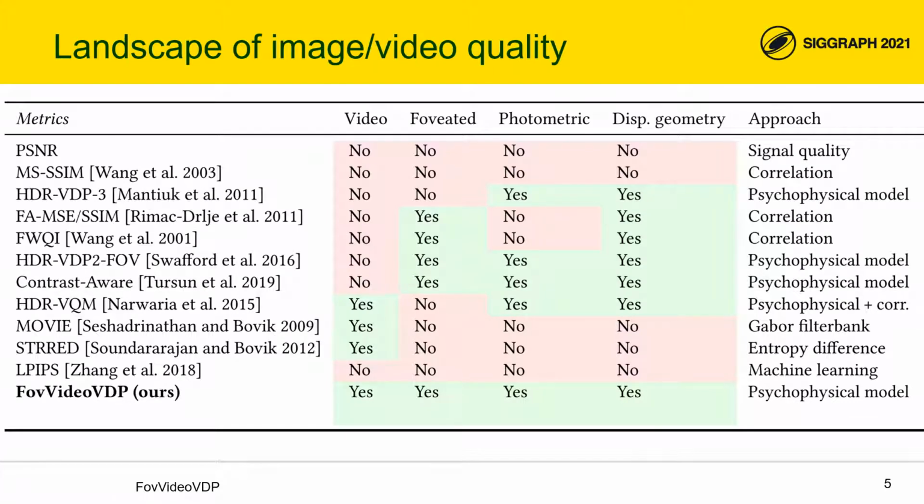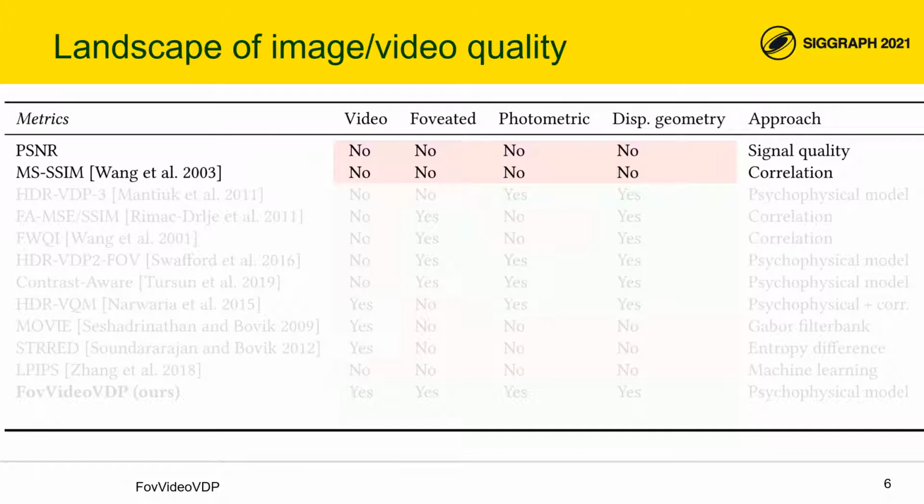There are hundreds of existing image and video quality metrics, so let me explain how our metric differs from them. The list of metrics on the slide is not exhaustive, but it shows representative examples of relevant classes of metrics. PSNR, SSIM, MS-SSIM are probably the most widely used image metrics, which, however, do not account for video, for foveated viewing, and they disregard display brightness and size.